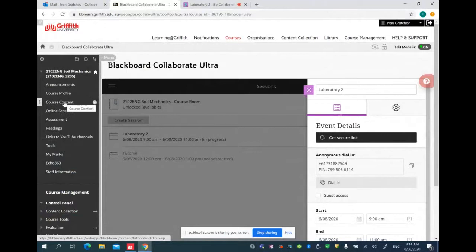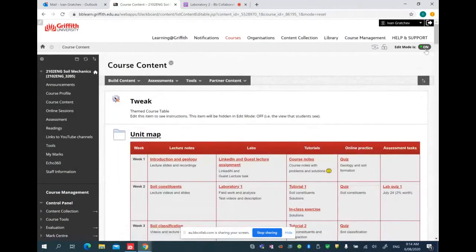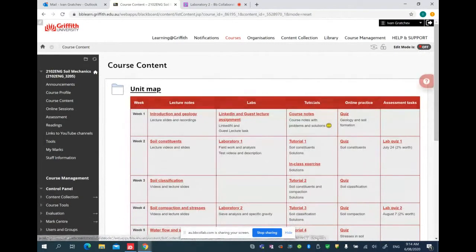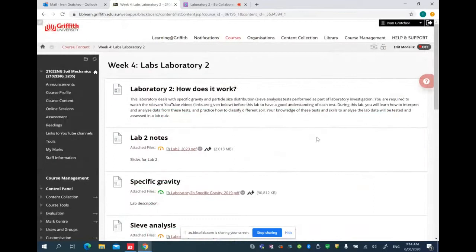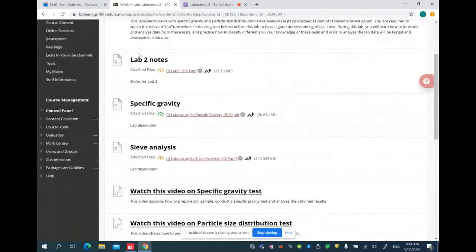If you go to course content and go to laboratory 2, you see it says laboratory 2 notes. These are the notes that I'm showing you right now. Then you see here it says specific gravity.